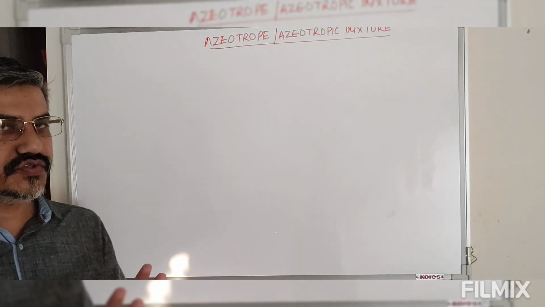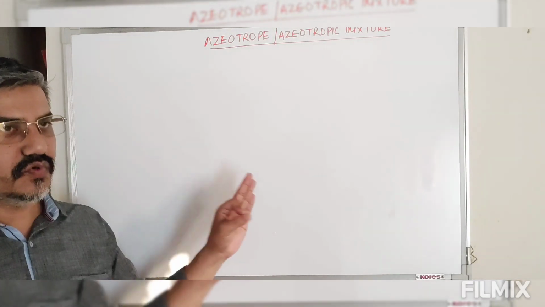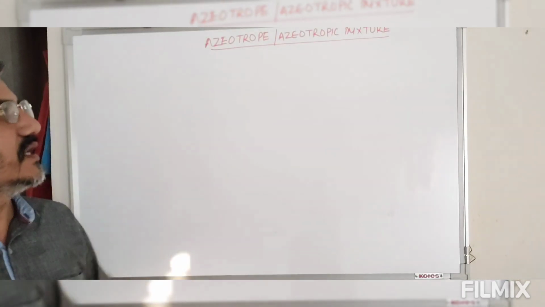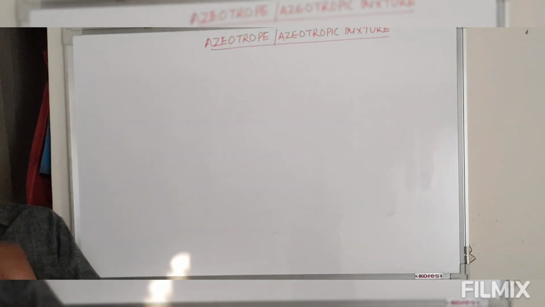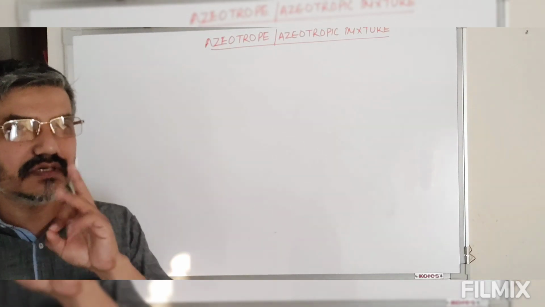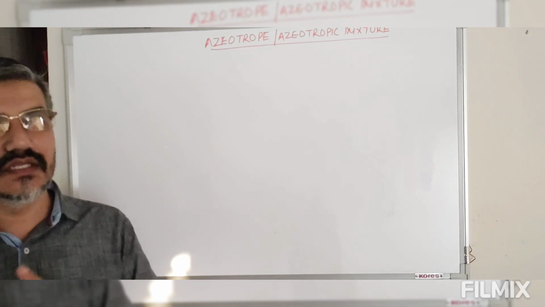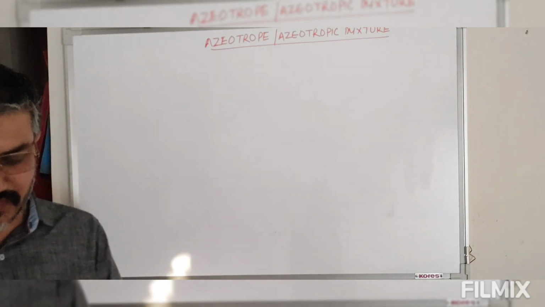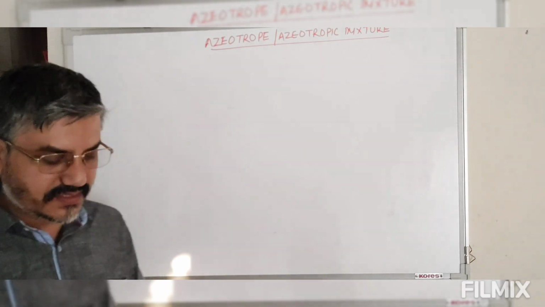So a particular solution which boils at a constant temperature is known as an azeotropic mixture. For this azeotropic mixture, at that particular point the vapor phase composition and the liquid phase composition are identical and indistinguishable. That type of solution is known as an azeotrope.